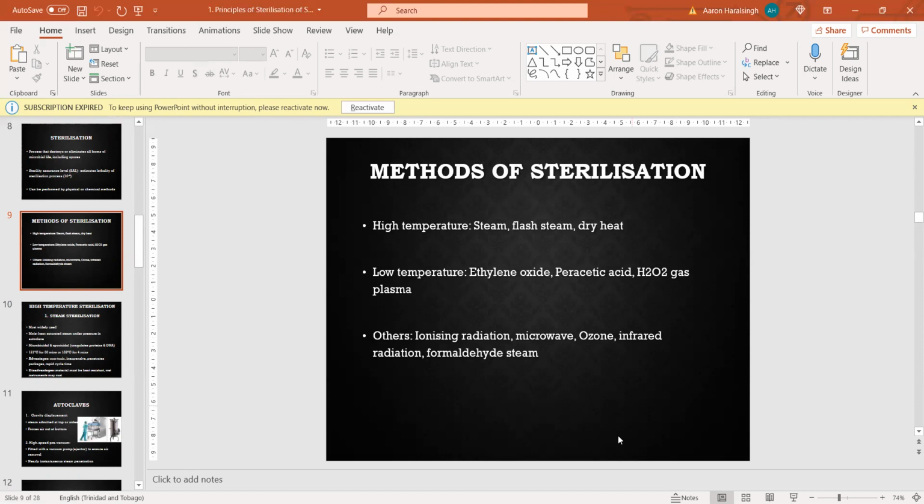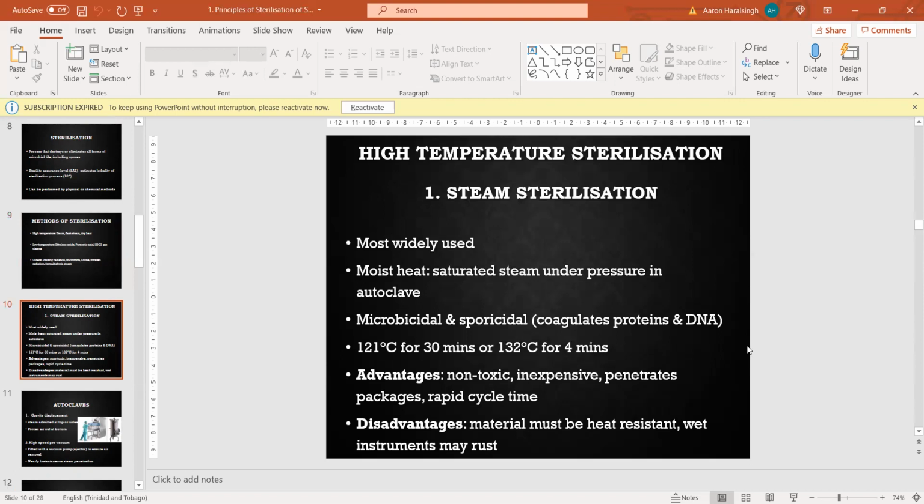Right. So a good place to start is with the heat methods of sterilization. So we can start with moist heat or steam sterilization, and this is the most widely used type of sterilization. Basically, you have saturated steam under pressure in an autoclave.